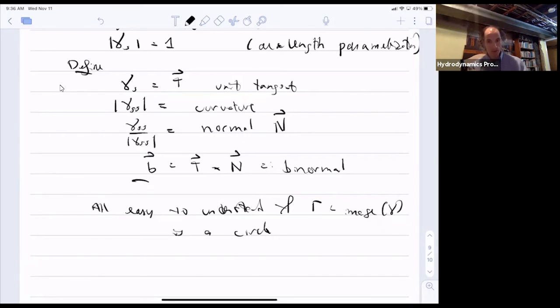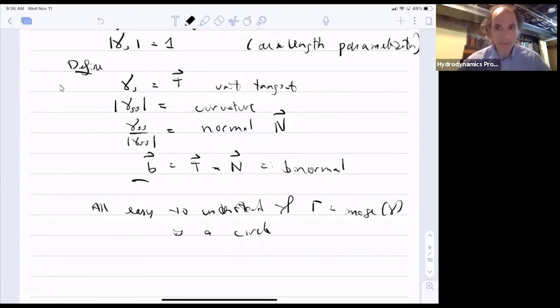And then the binormal will be orthogonal to the plane, and I forget which way it goes. The magnitude of the curvature is 1 over the radius of curvature. So if you have a small circle, then the curvature is big.